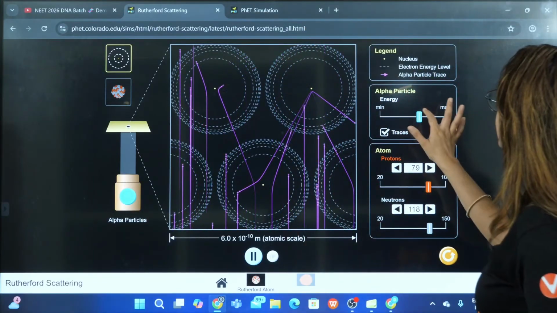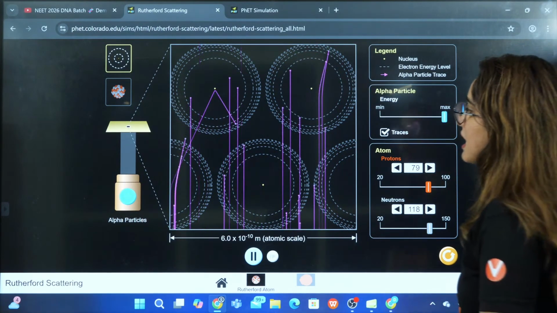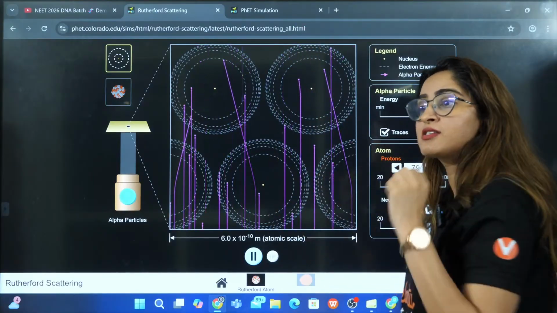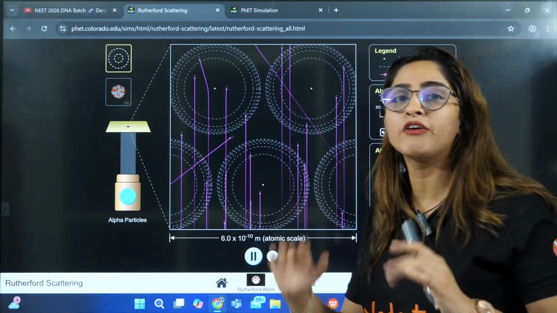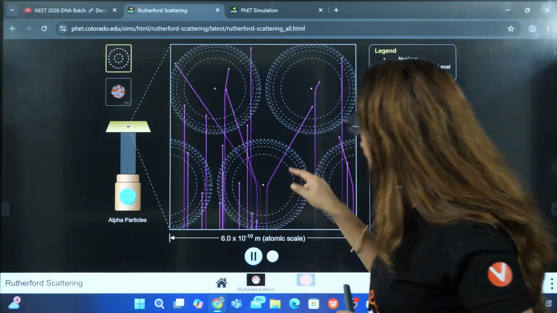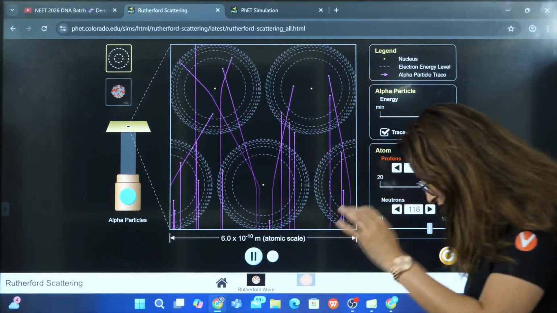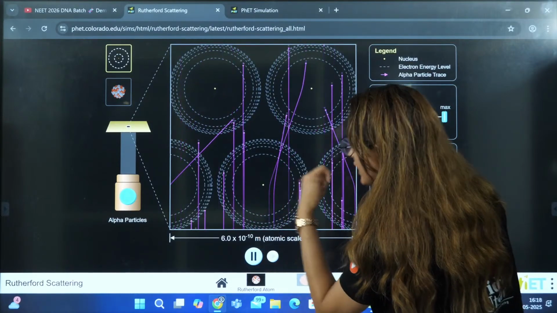If I increase the energy here, more alpha particles you'll be able to see, right? Now, most of the alpha particles are going straight. Very few alpha particles you will see are deviating from their path. Those alpha particles that are deviating are only those passing very near to the nucleus.